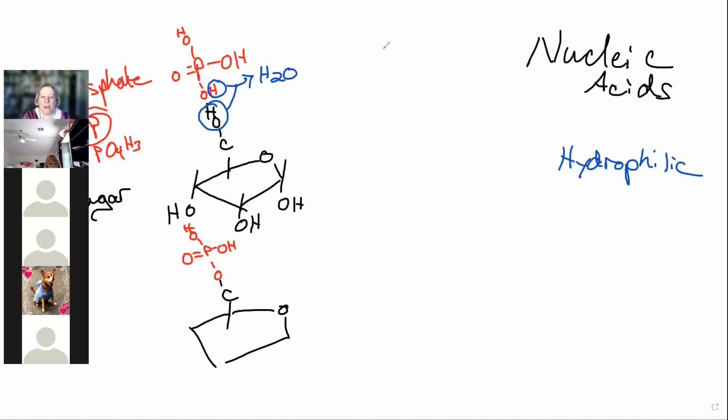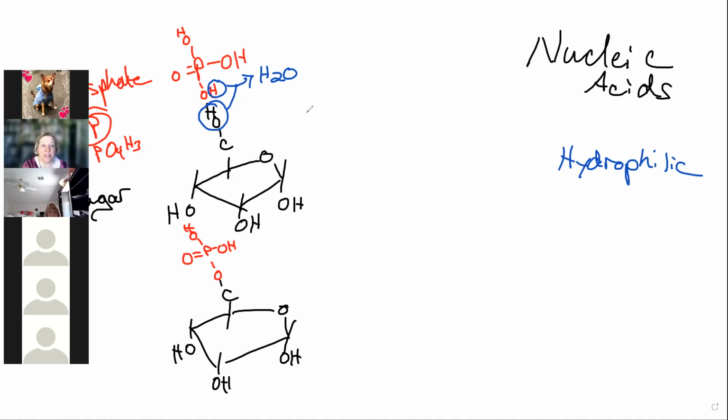And let's go ahead and put my hydroxyl groups here, my water groups. Now, over here, I'm going to put another group that we call a nitrogenous base.